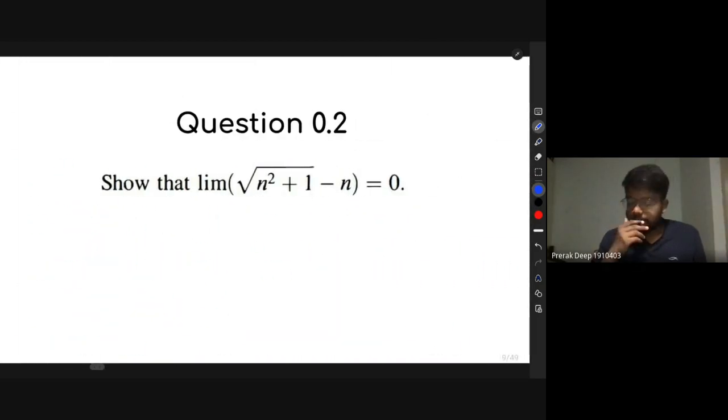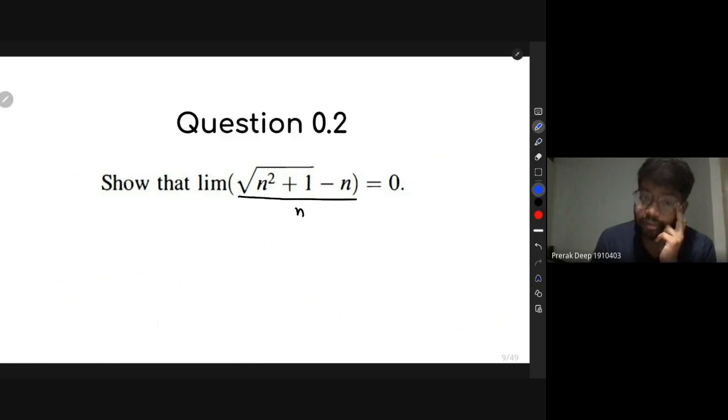Now let's move on to this question. Let me improve this question by dividing it by n. Now let's look into this question. It asks you to find the limit of this particular sequence. Why can you think of it as a sequence?